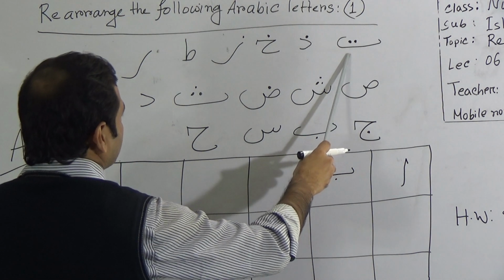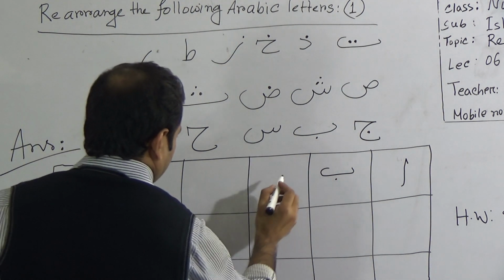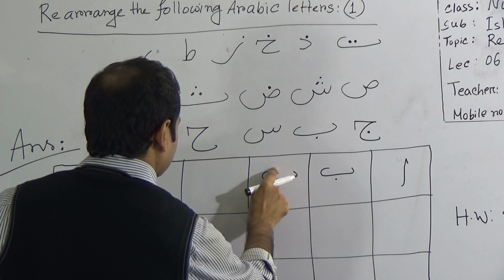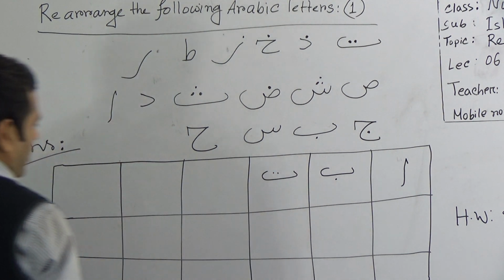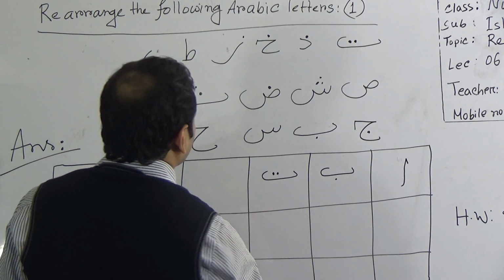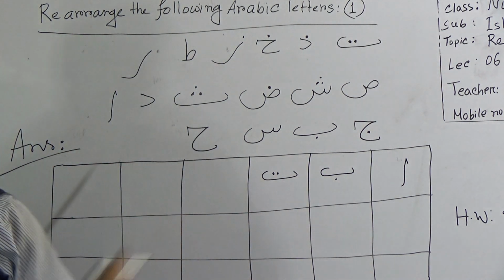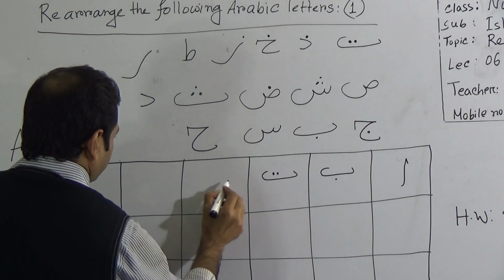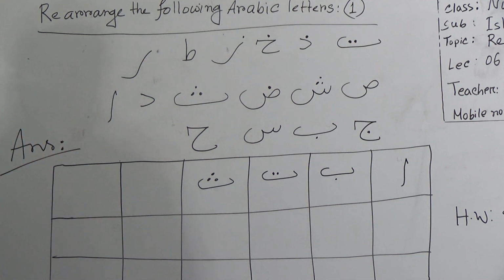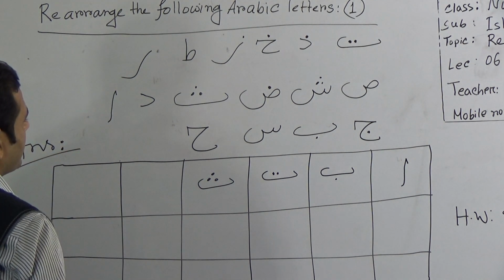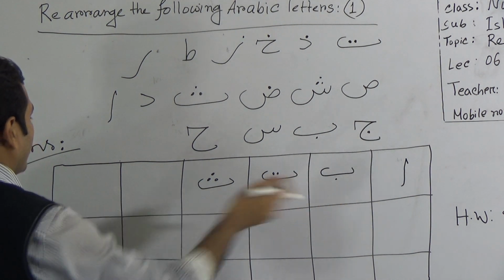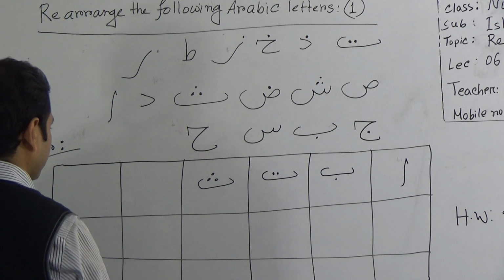So ta is here, so it will come here. After ta, the letter tha comes. So tha is here, we have to write here. Now after tha, the letter jim comes. So jim is written here, we have to write it here.